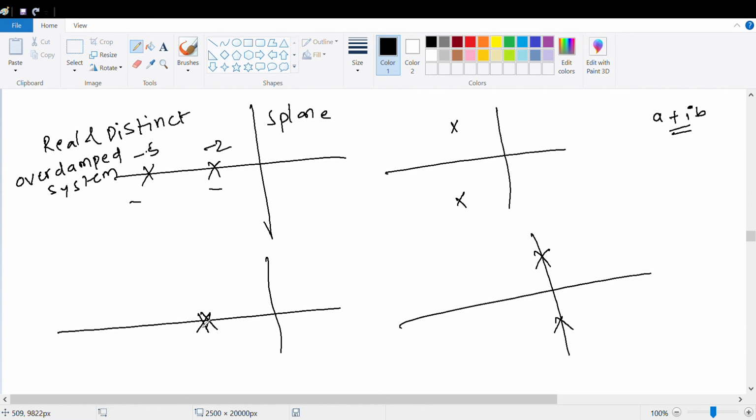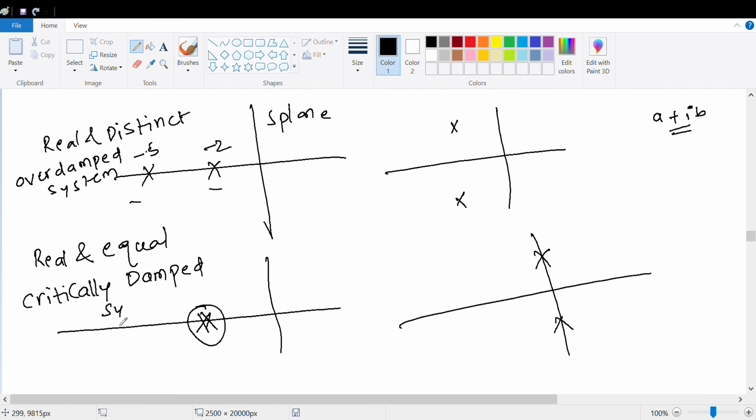And here the roots are the same, real and equal, so this is called a critically damped system. And here the roots are minus a plus or minus ib, so they have a real part and an imaginary part.